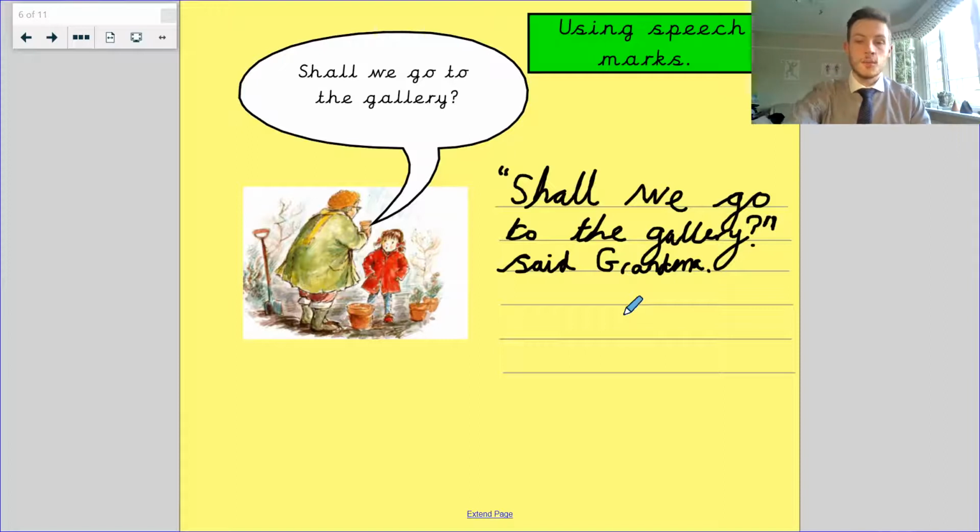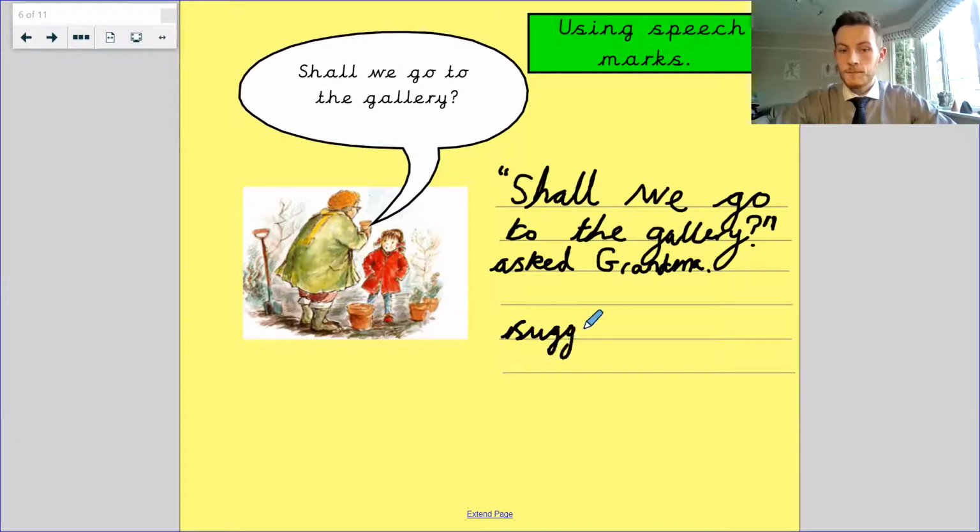So instead of said, I'm going to use a different word for said. Now it could be, "Shall we go to the gallery?" asked grandma. That's another way of telling me that grandma was talking, but it's a different word than said. You could have had asked grandma. You could have had suggested grandma.